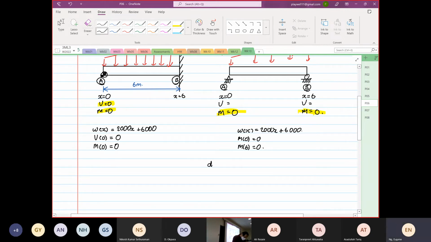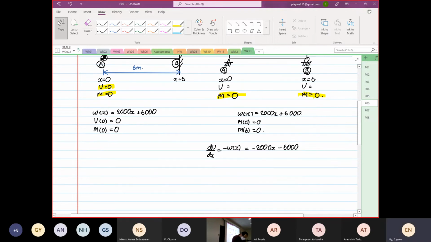So dV by dx is equal to minus omega as a function of x. Same thing, okay? So this will be equal to minus 2000x minus 6000. Then the next one, we're going to integrate.